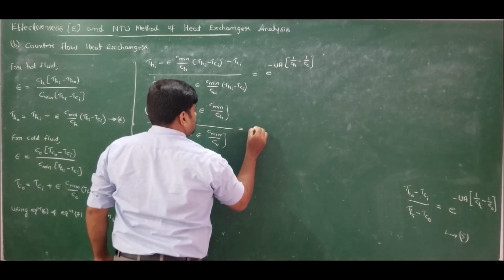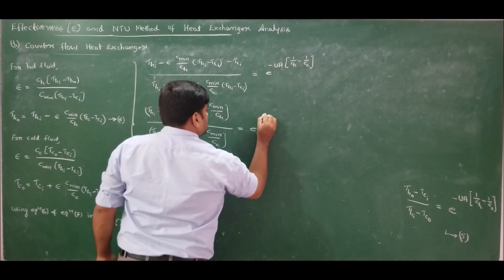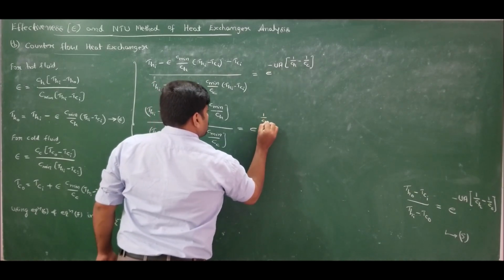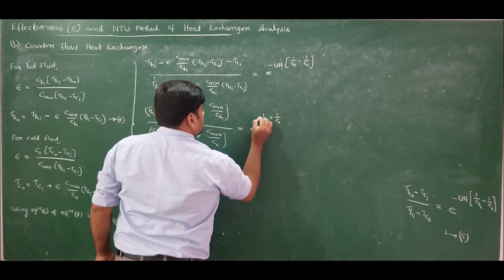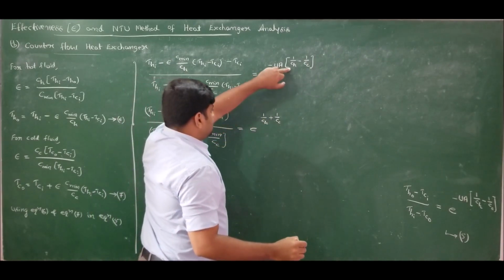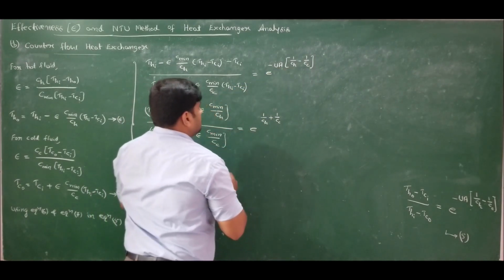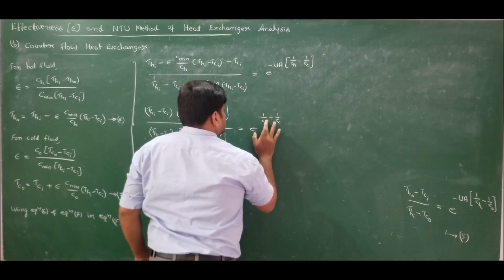This must be equal to e to the power of, let me multiply the minus sign inside. If I do that, I'll get 1 by Ch plus 1 by Cc. It will become minus 1 by Ch, and plus 1 by Cc.